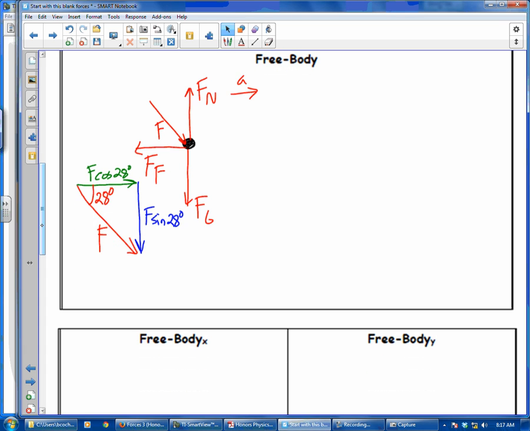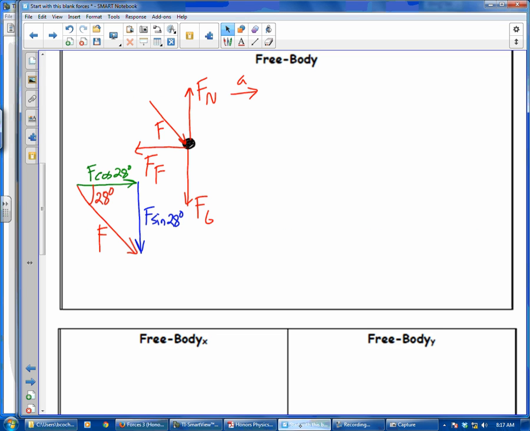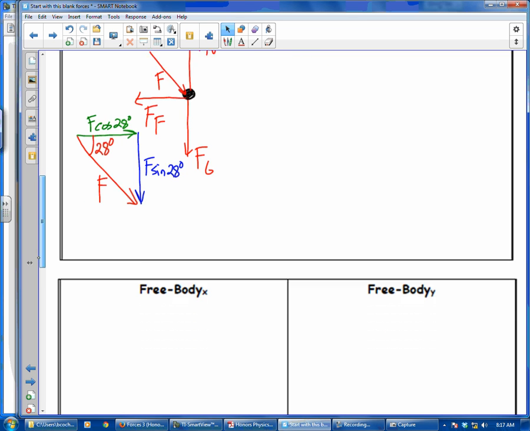Now, all they want to know about in this case is the normal force, right? What is the normal force? So I'm going to start off on the Y side and see if I can take care of everything there and not even have to worry about the X side.